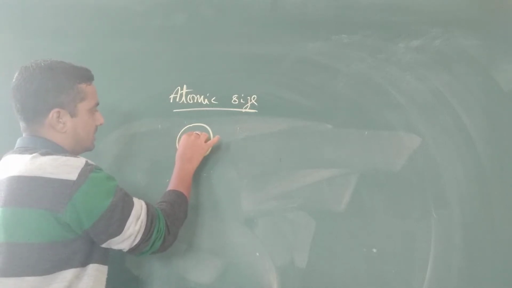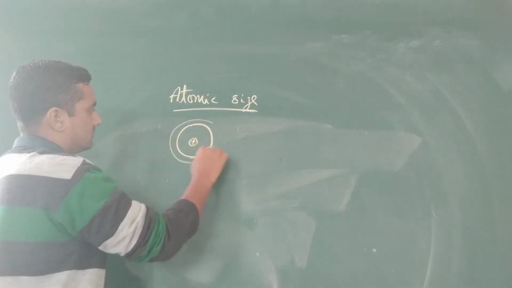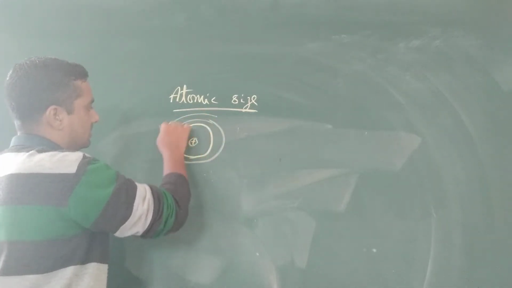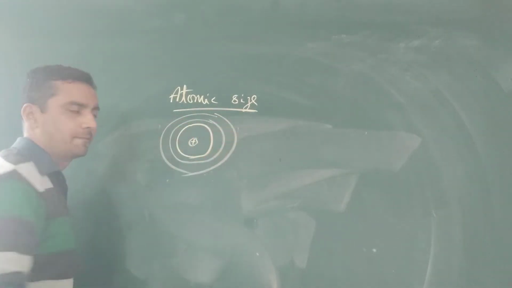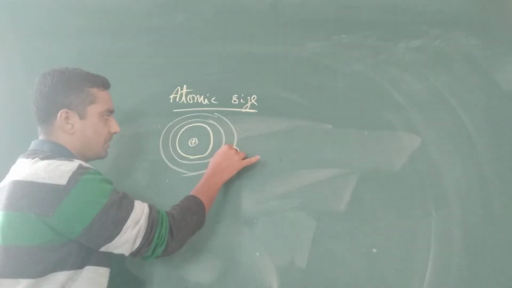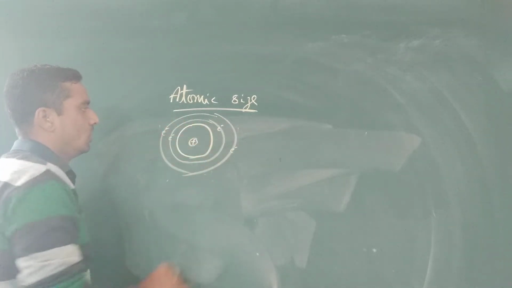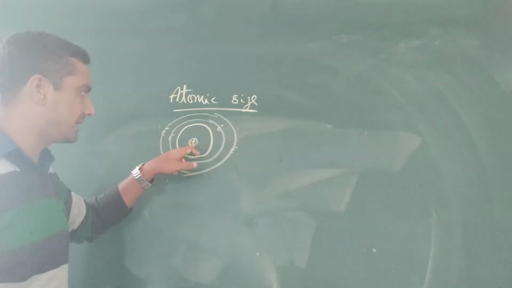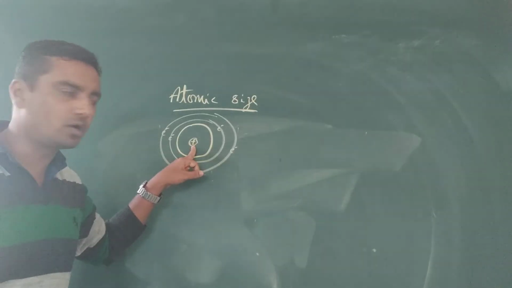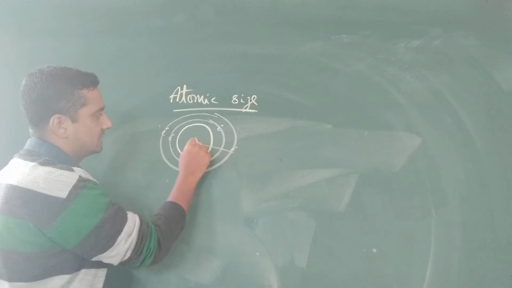Assume this is a nucleus at the center. There are some electrons here. Obviously electrons are present in orbitals or shells. So there should be some attraction between the positively charged protons and the negatively charged electrons, some force of attraction.